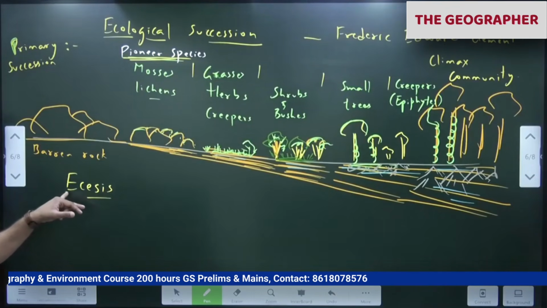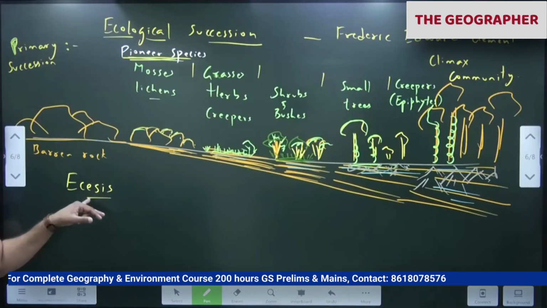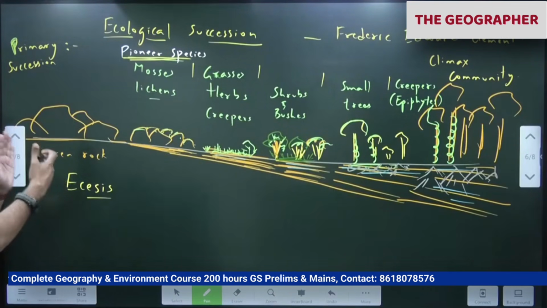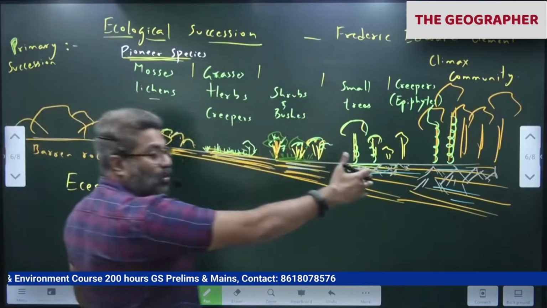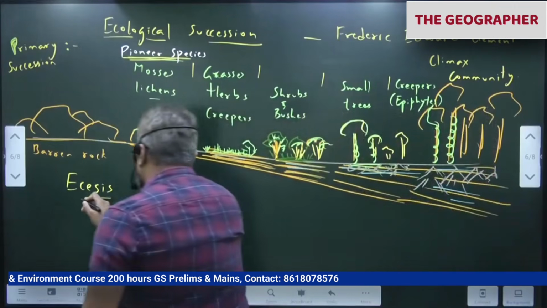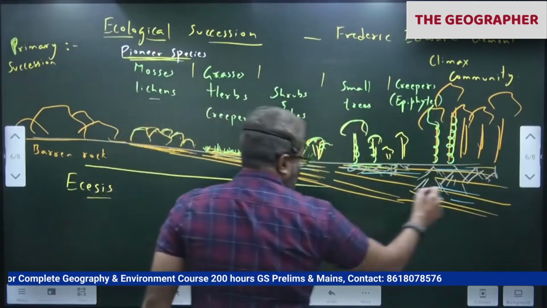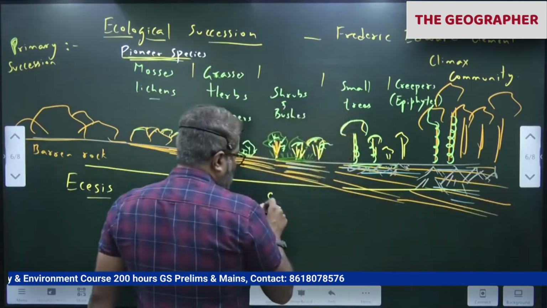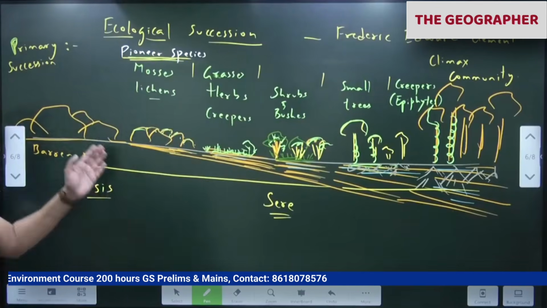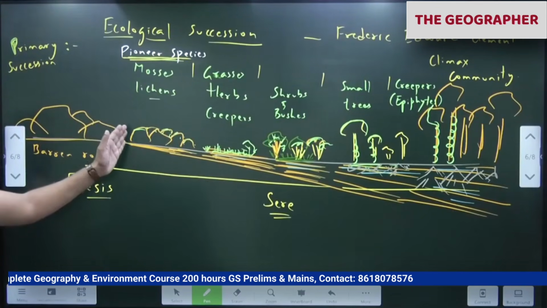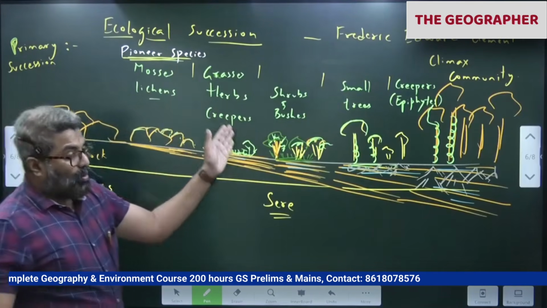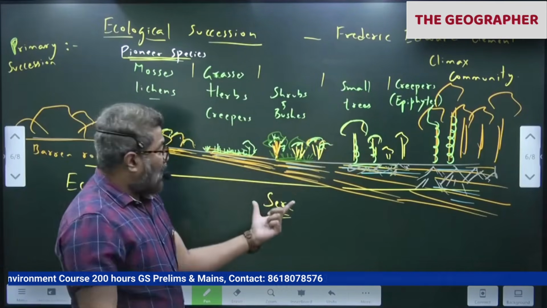From starting to this, notice how various communities evolved. Over the period of time, from barren rock all the way till here, is called sere. Sere includes everything from the barren rock, how the first plant community formed over it, and successively various plant communities started forming over time.